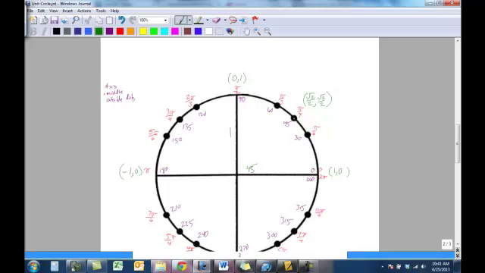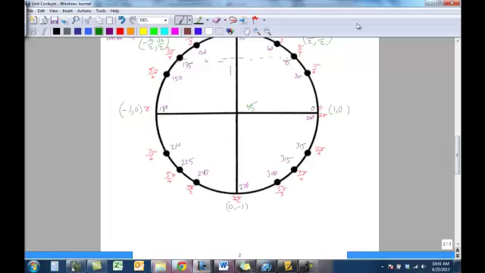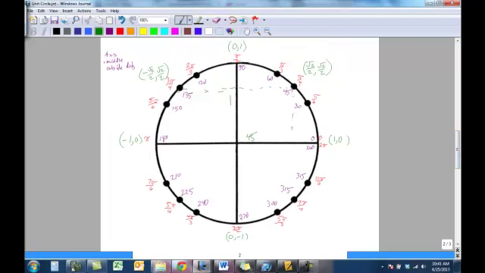Now, this point is very similar to this point right here, right? It's the same height. The only thing is, it went the same amount this way. So the coordinates here are (negative root 2 divided by 2, root 2 divided by 2). All right, now again, this first point here is very similar to this point right here, except now this is still positive root 2 divided by 2, but now the y coordinate is negative root 2 divided by 2.